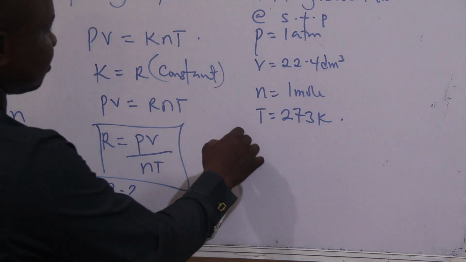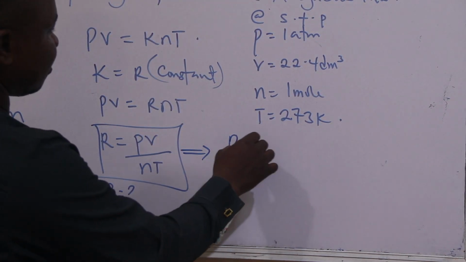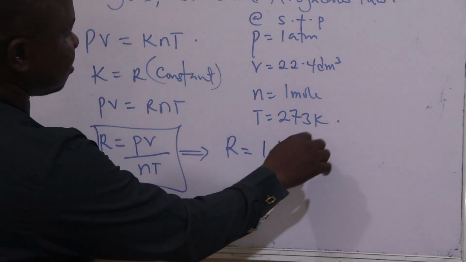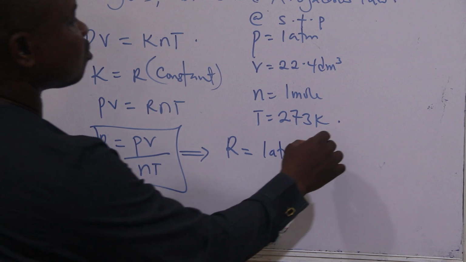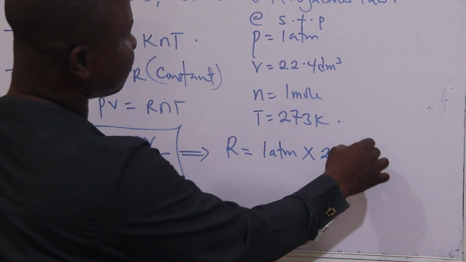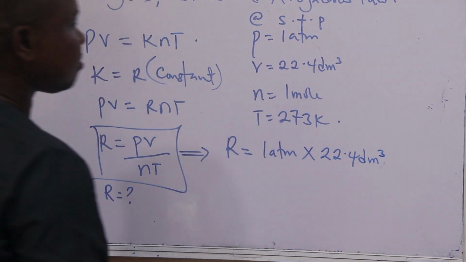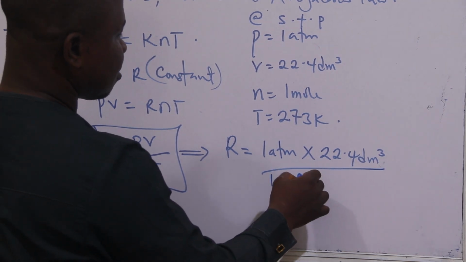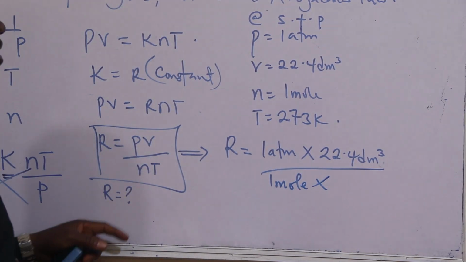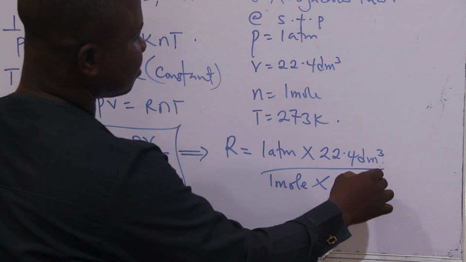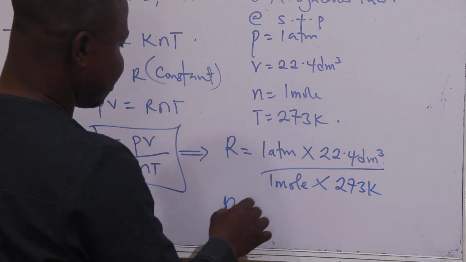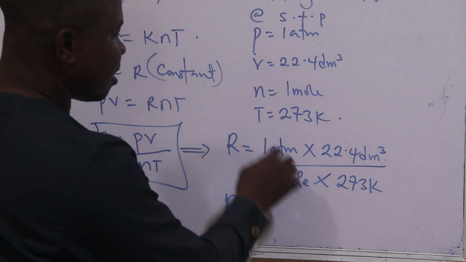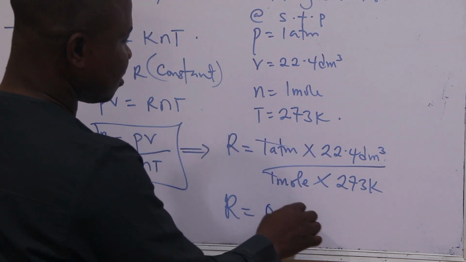Using this formula, R equals P, which is 1 atm, multiplied by V, which is 22.4 dm³, divided by n, which is 1 mole, multiplied by T, which is 273 Kelvin. When you divide all these, you have 0.082.